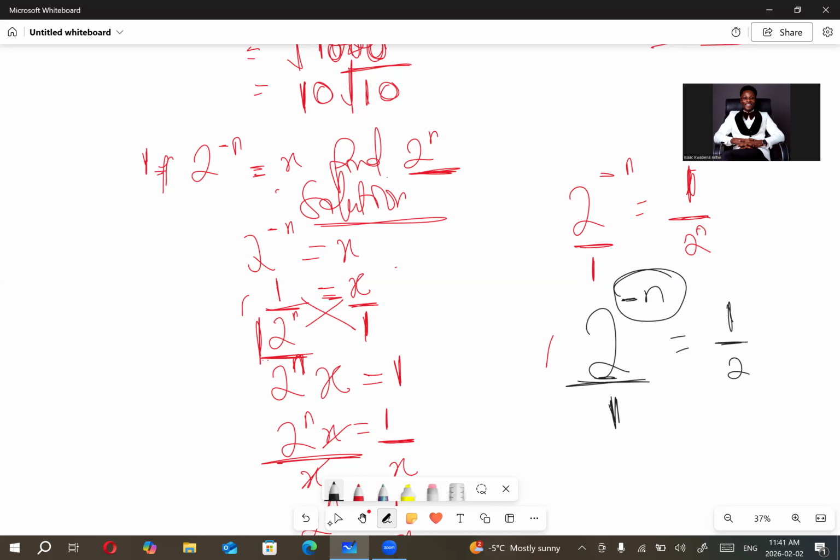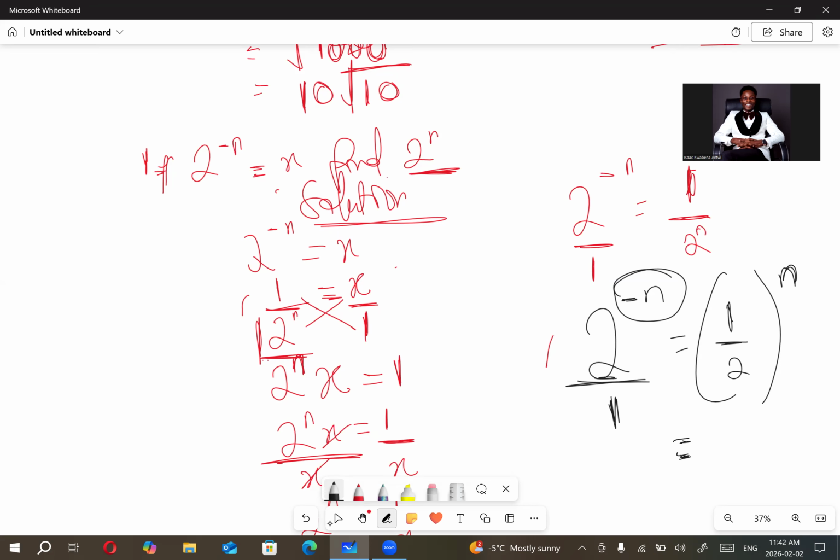So we said any number raised to a negative index is equal to the reciprocal of that number raised to the same but positive index. That's why it's no longer negative n.